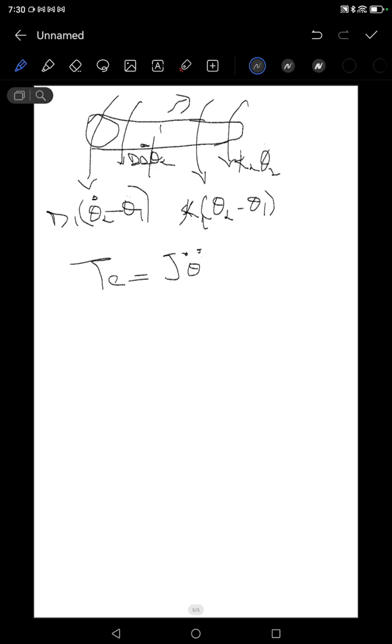So here we're going to add all the energies and equate them to the inertia term, but now we don't have the inertia.